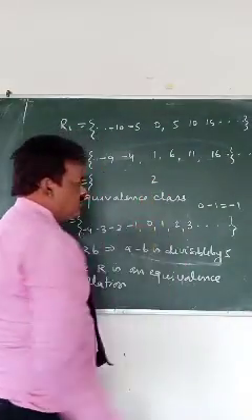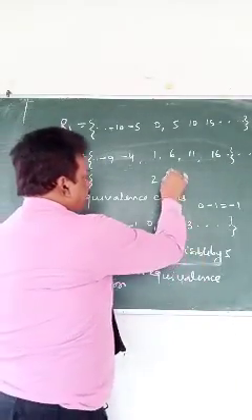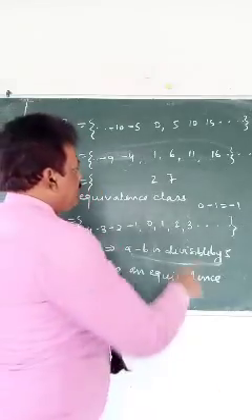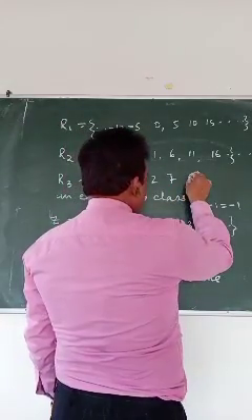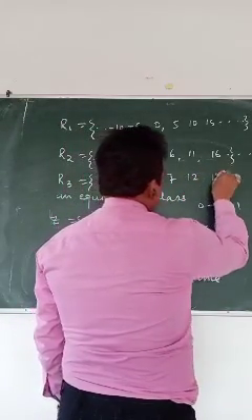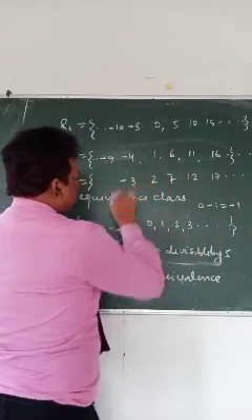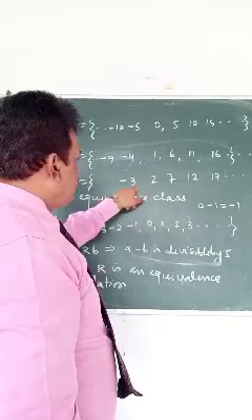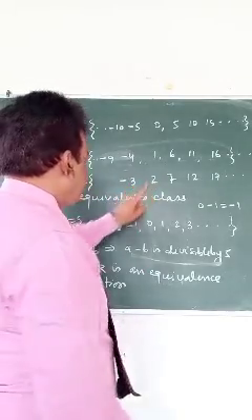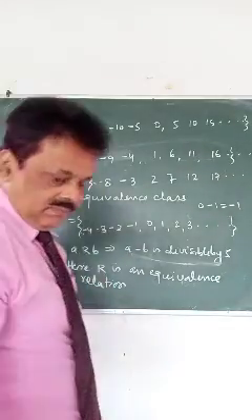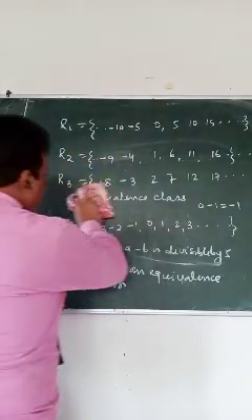If I take 2, 2 will go with 7. 2 minus 7 is minus 5, divisible by 5. 2, 7, 12, 17, like this, minus 3. Minus 3 minus 2 is minus 5. Minus 8, like this. Get one more, R4.